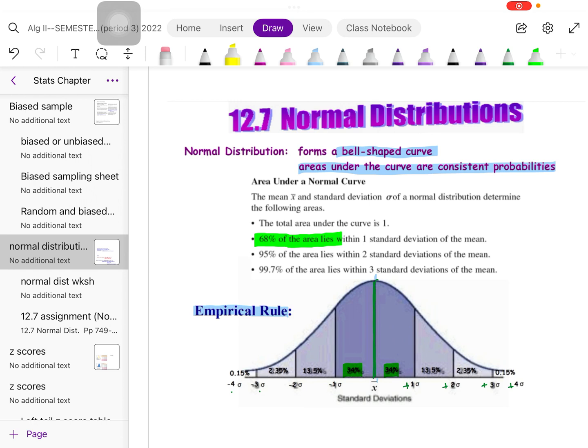If I go between 1 and 2 deviations, that is 13.5% of the data, whether it is to the right between 1 and 2 or to the left between 1 and 2. So if I would add up all the data between 2 deviations, it would be 13.5, 34, 34, and 13.5. That would give me 95% of the area lies within those 2 deviations of the mean.